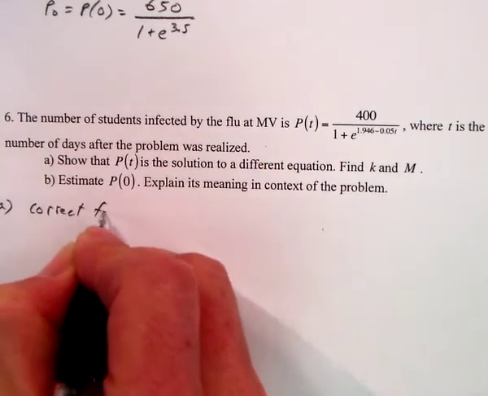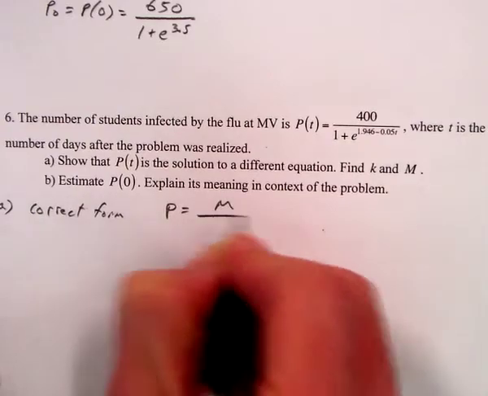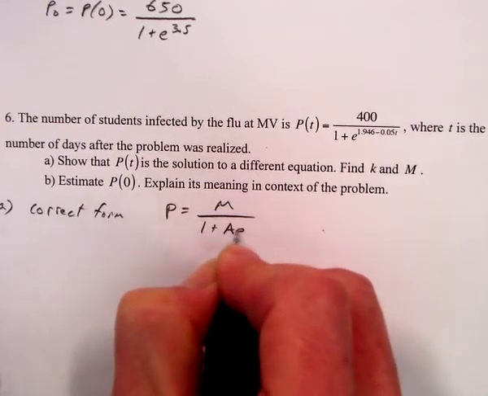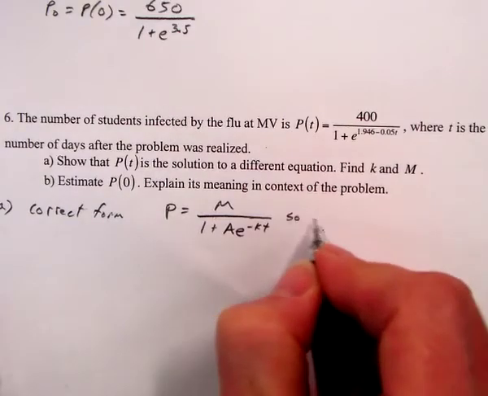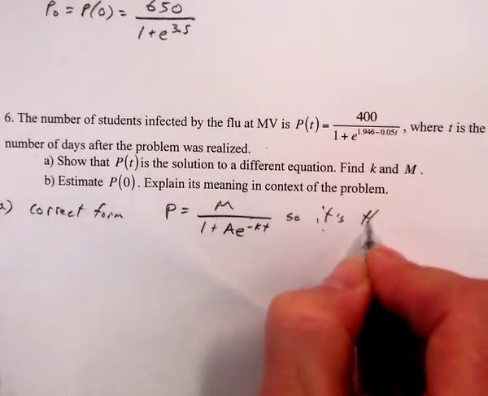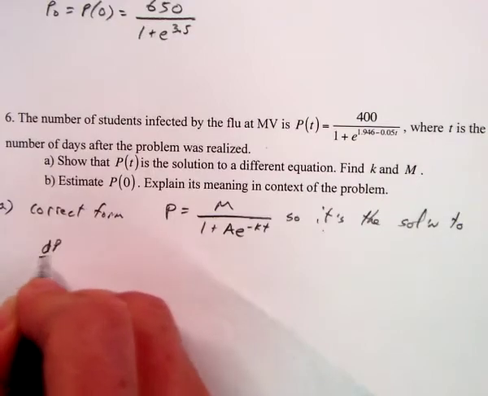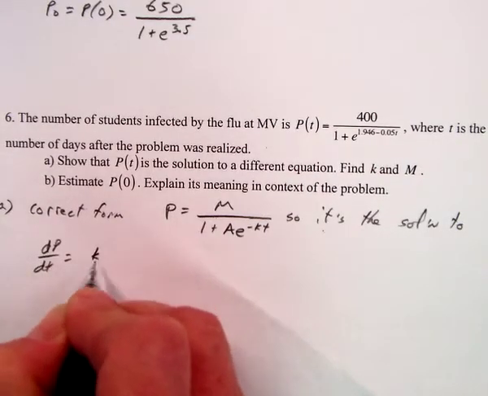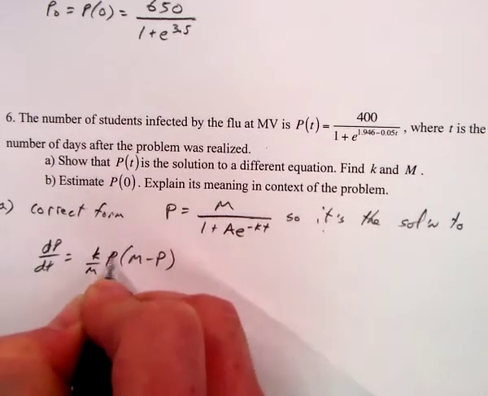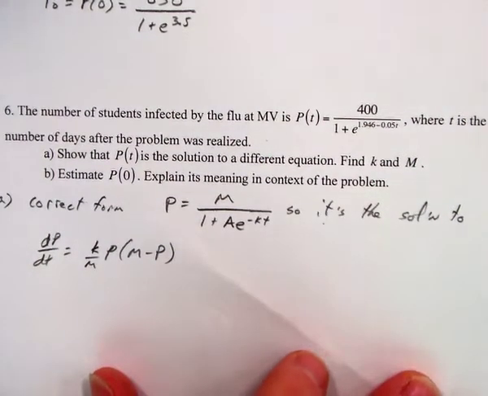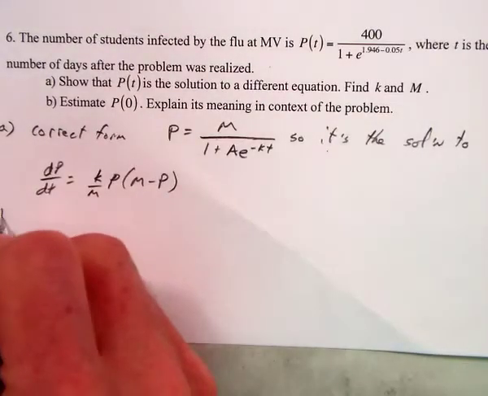It's the correct form of P equals M over 1 plus A e to the negative Kt. So it's the solution to dP/dt equals K over M times P times the quantity of M minus P. That's all. And then estimate the P sub 0.